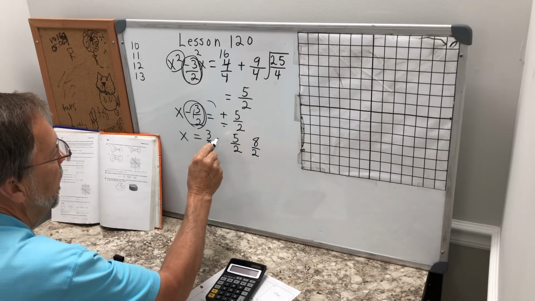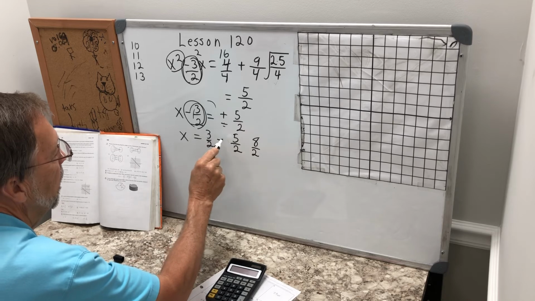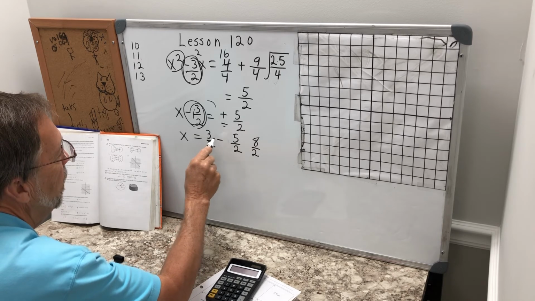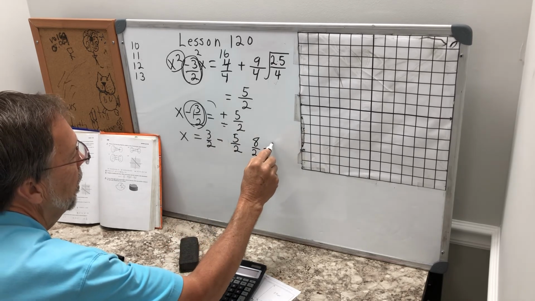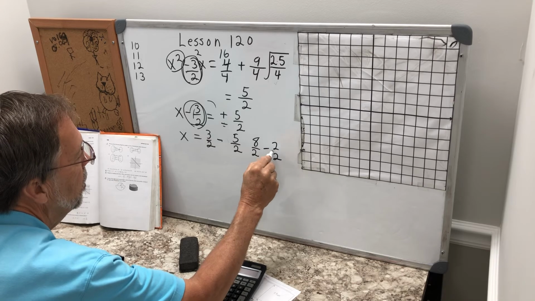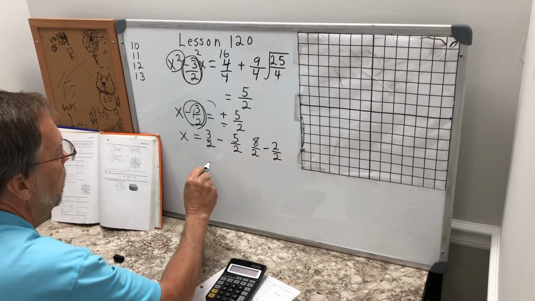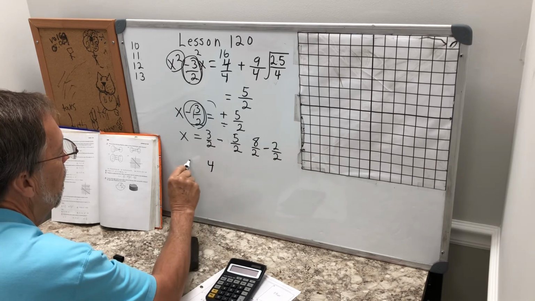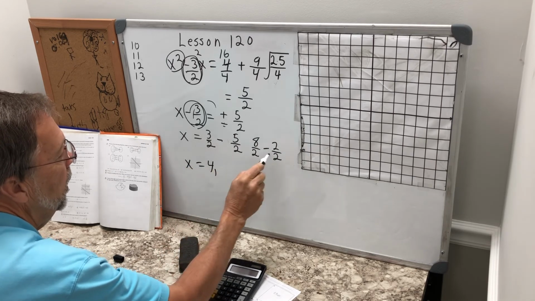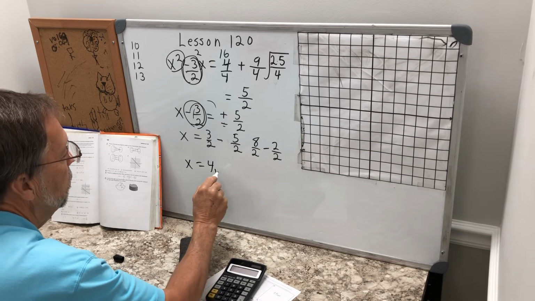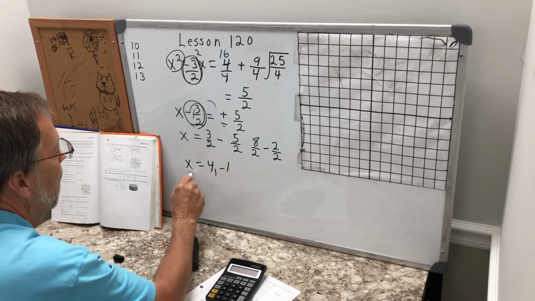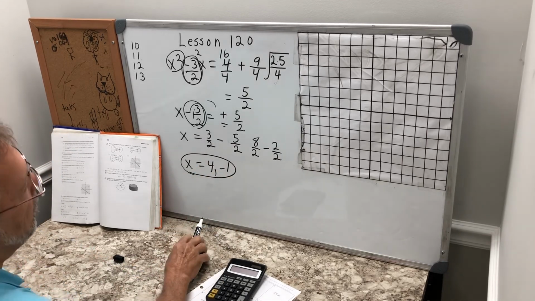Remember we had the plus or minus, negative. So now I got a negative 5 and a positive 3. That's going to be a negative 2 over 2. We need to simplify this. 8 divided by 2, answer is 4. And negative 2 over 2 is a negative 1. There we came down to the final answer.